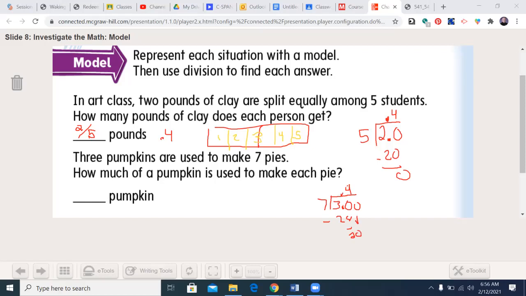Becomes a 0. Put a 2. 2 times 7 is 14. Get a 6. Another 0. So it's just 8. 56. And I could keep going and see what decimal I get to, but it's going to be a long one.